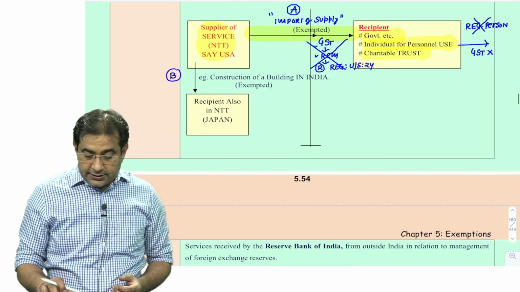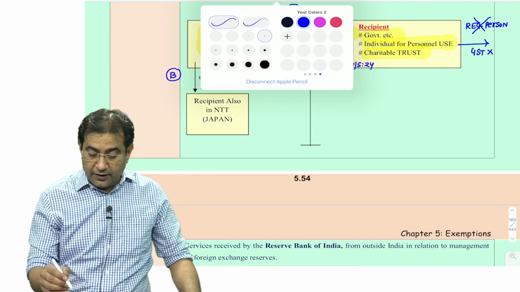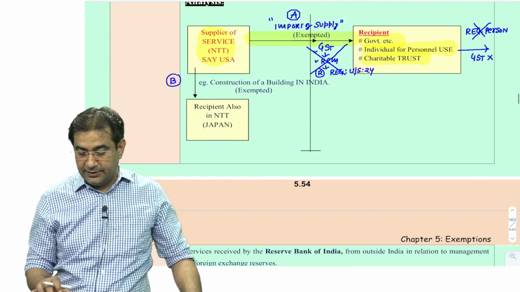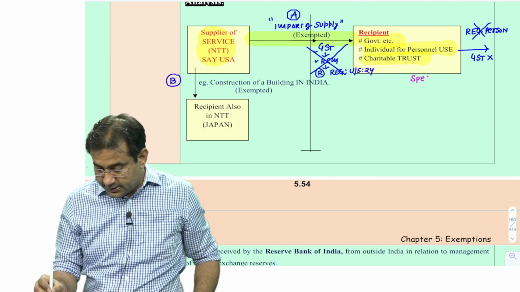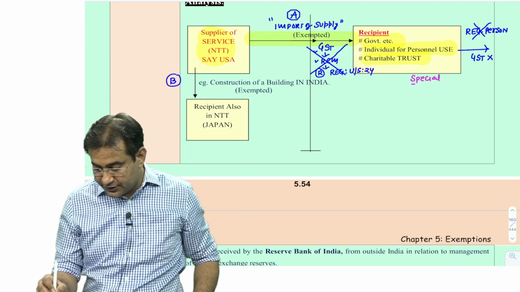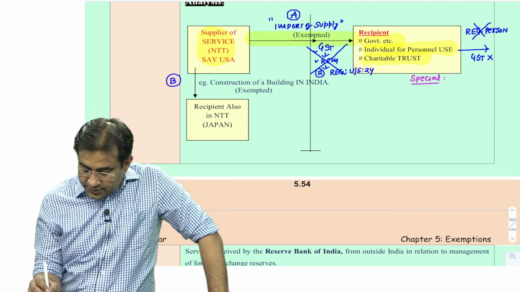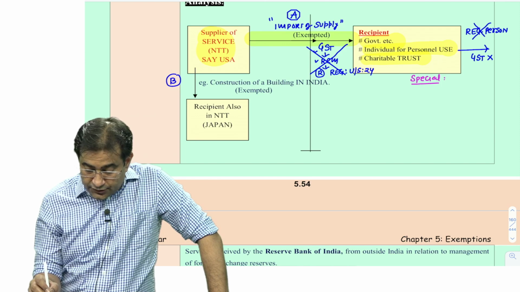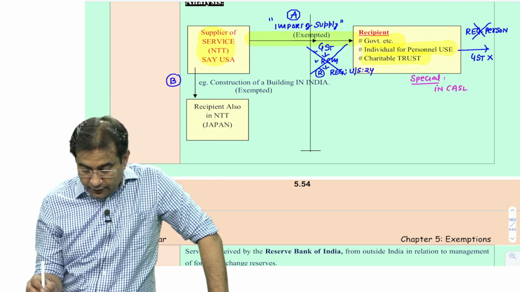So the second point is this, but one of the exceptions of this element. Suppose a specific case, something special. Suppose in case of OIDAR, we have already linked the concept of OIDAR.